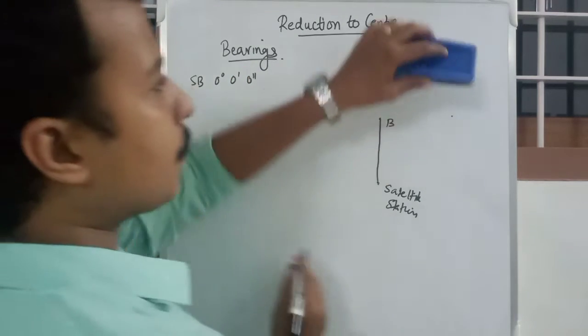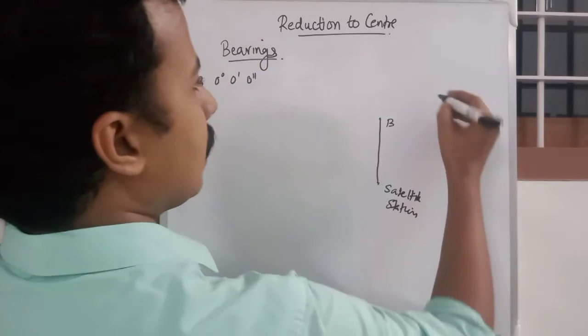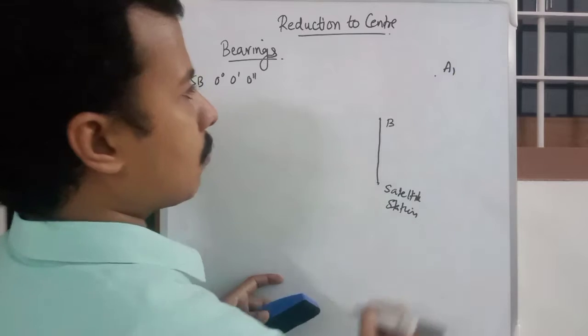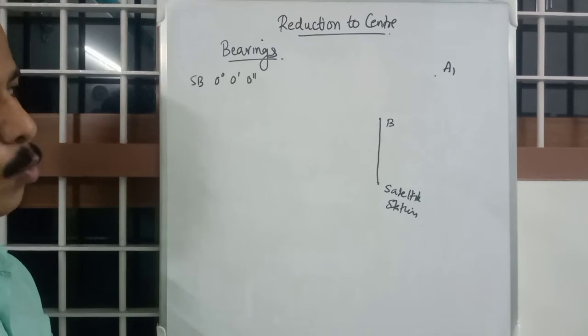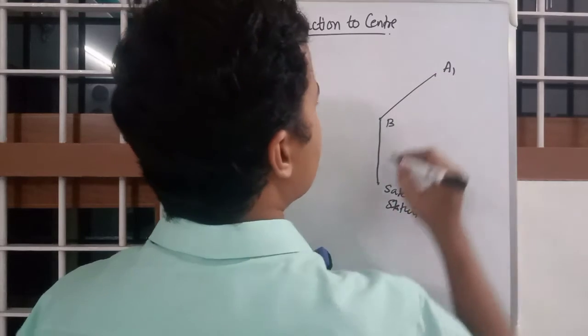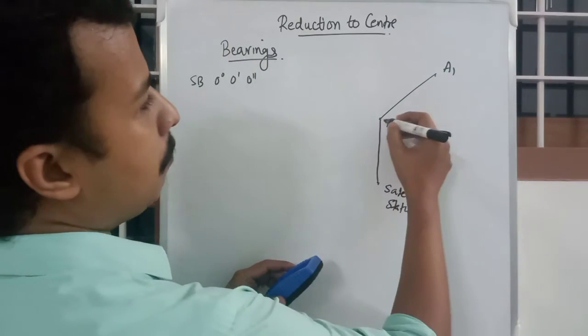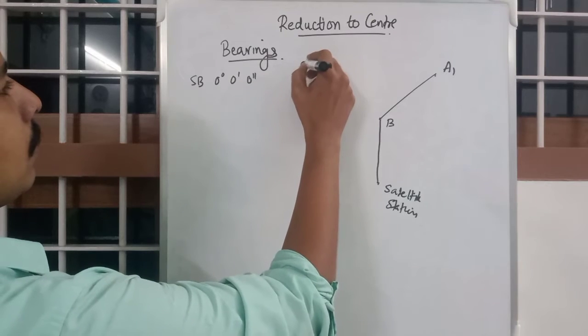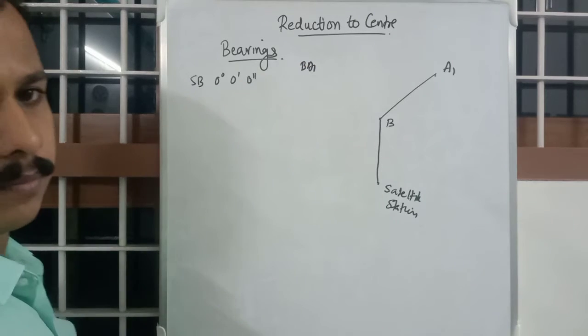And suppose here is A1, that is station 1, and we were supposed to measure the angle BA1, or bearing of A1, okay.